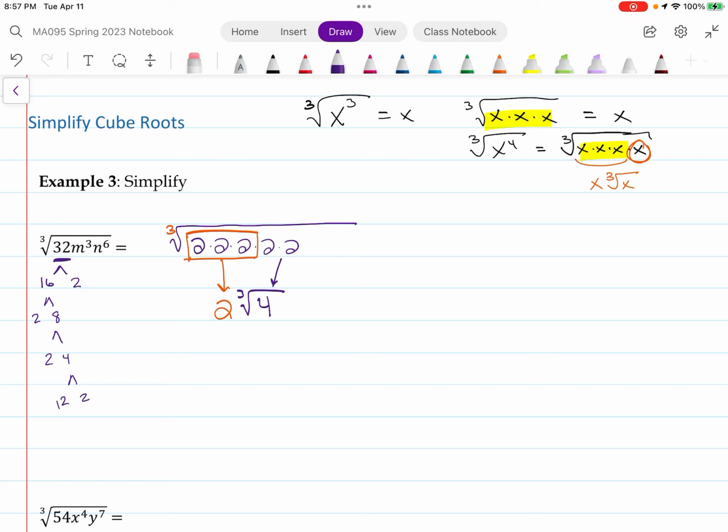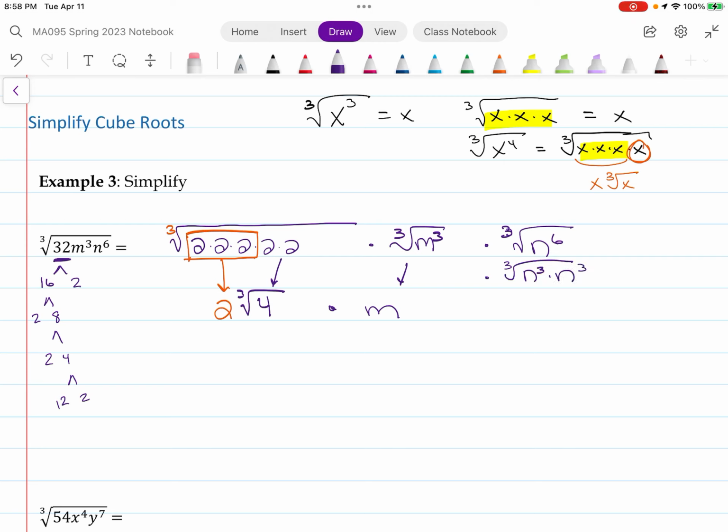All right, so now I've got the cube root of m cubed. Well, we know that that just gives us m. Cube root of m cubed is m. Then we've got the cube root of n to the 6th. Well, n to the 6th means n cubed times n cubed.